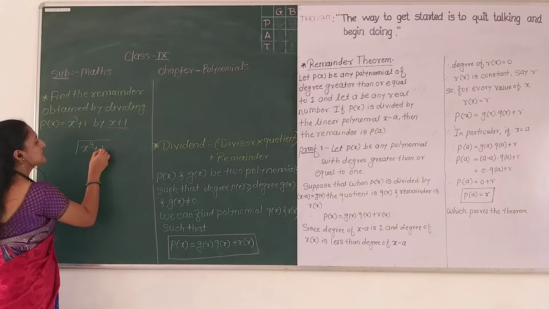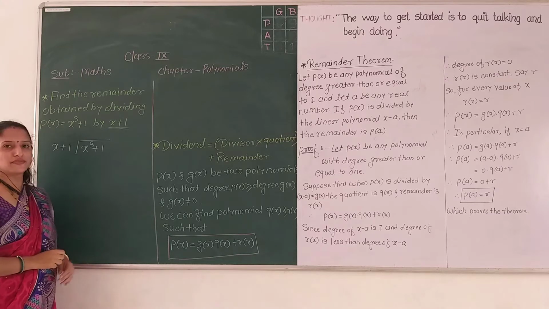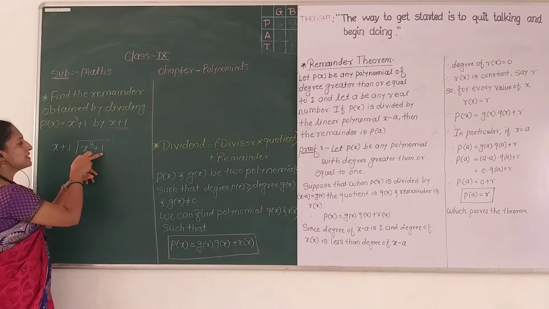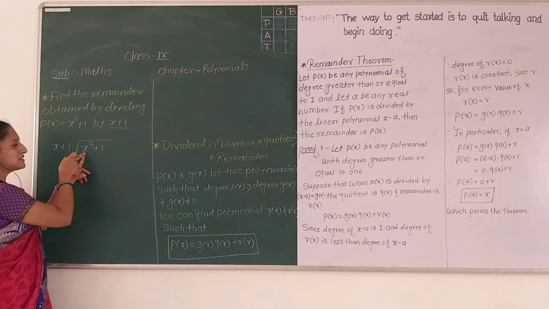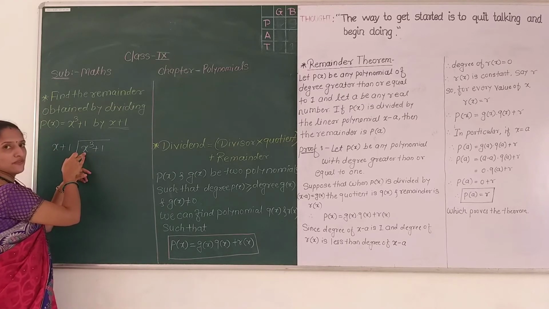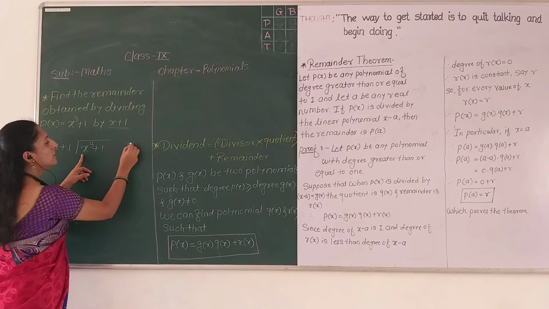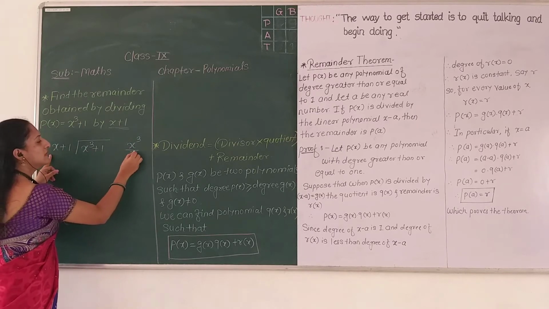The dividend is x cube plus 1 and the divisor is x plus 1. So first we have to divide x cube plus 1 by x plus 1, and for this we have to find the first quotient. For this we divide the first term of the dividend by the first term of the divisor.